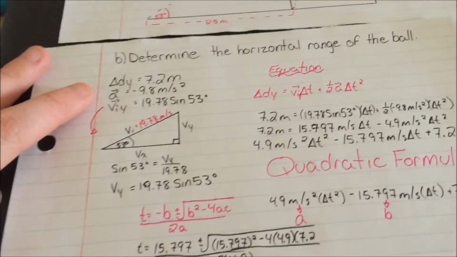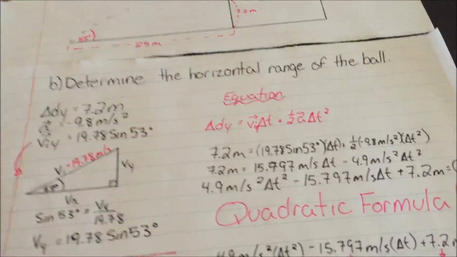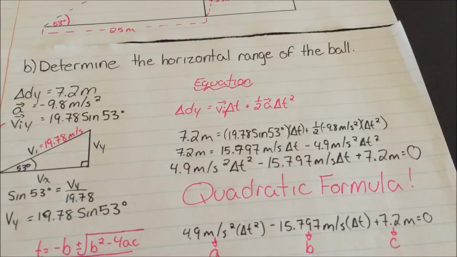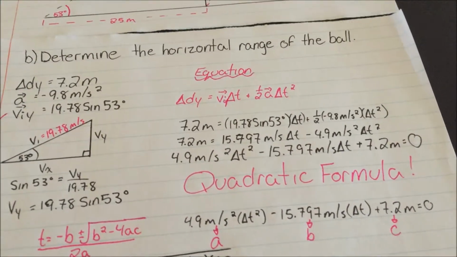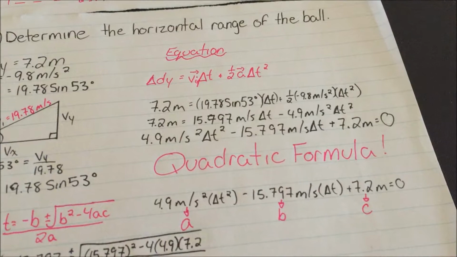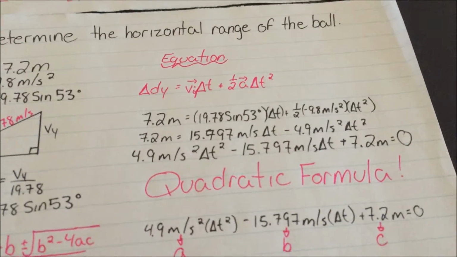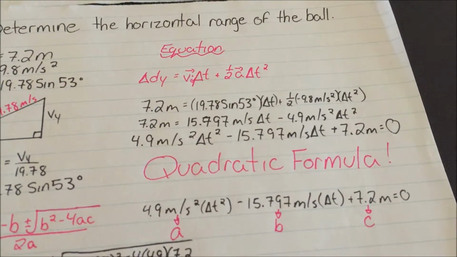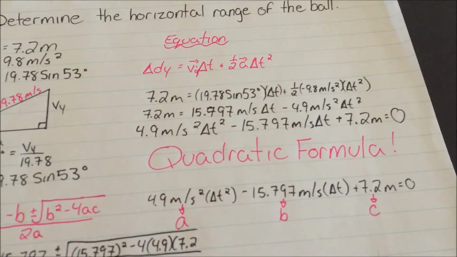Okay, so that's how we find your initial velocity in the y direction. So we use this information and we input it into this equation. Your change in displacement in the y direction is equal to your initial velocity in the y direction multiplied by your change in time, added to 1/2 of your acceleration times the change in time squared.